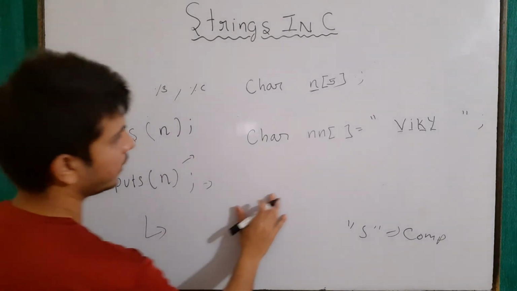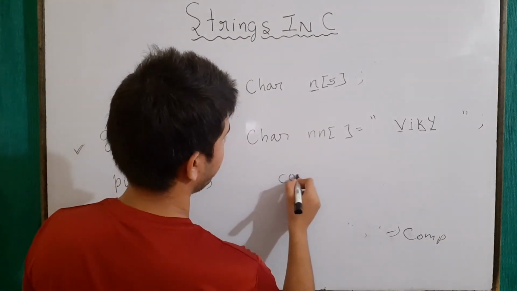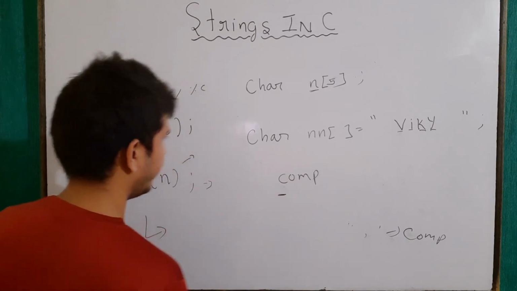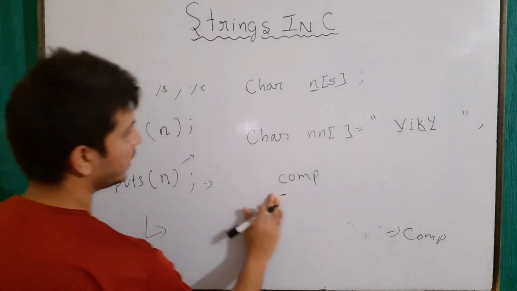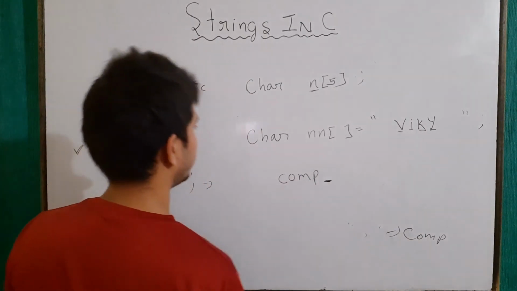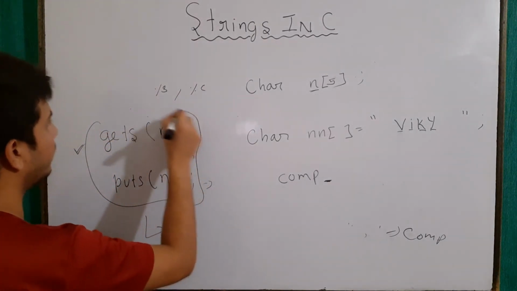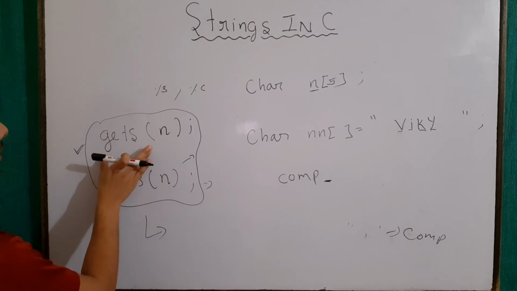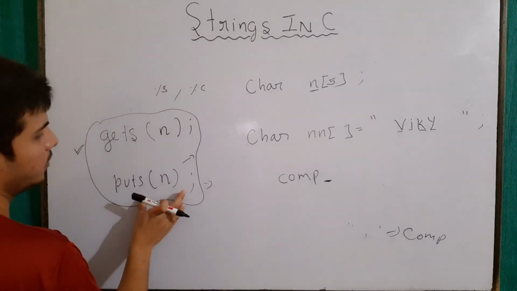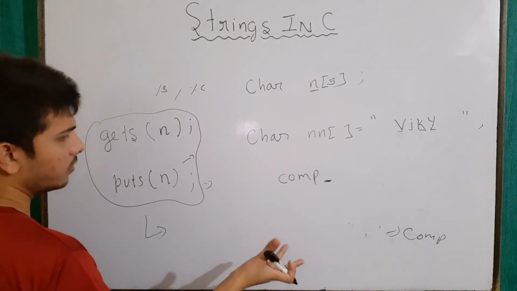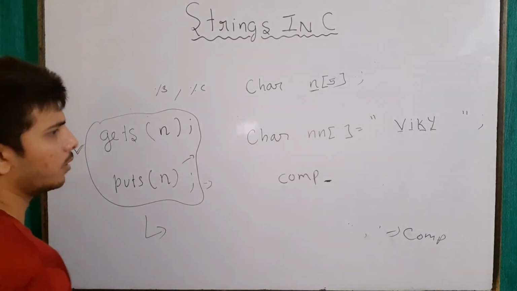In output, after printing our string, let's say comp, the cursor will move to the next line, but with printf the cursor stays in the same location. These two methods are generally used together. Whenever we are using the gets method, we generally prefer the puts method, but we can also use the printf method. There is no problem in that.